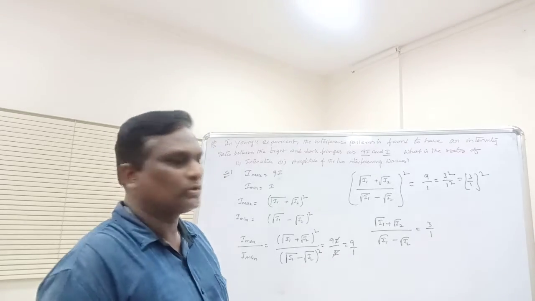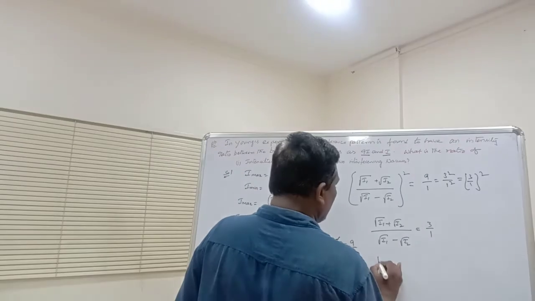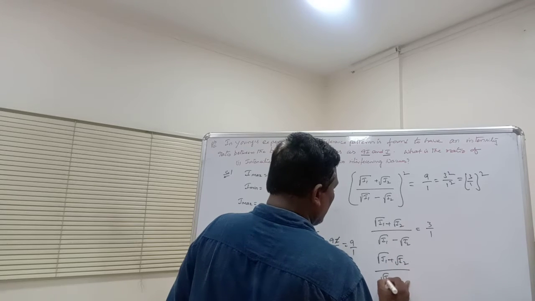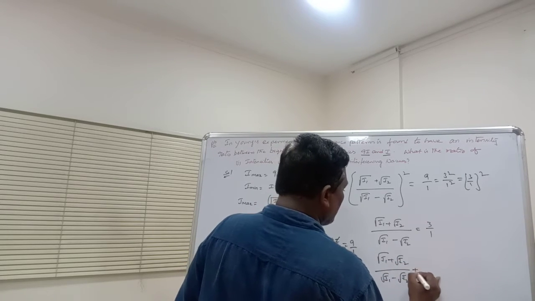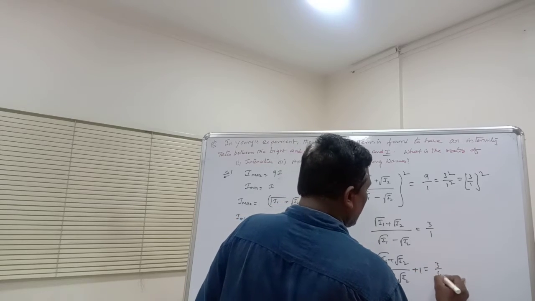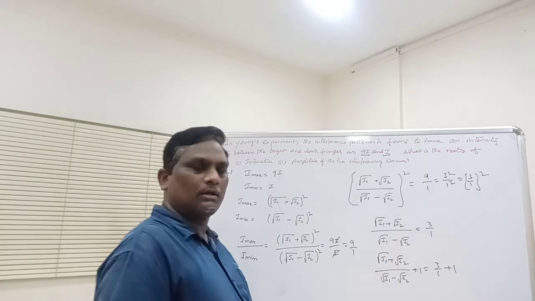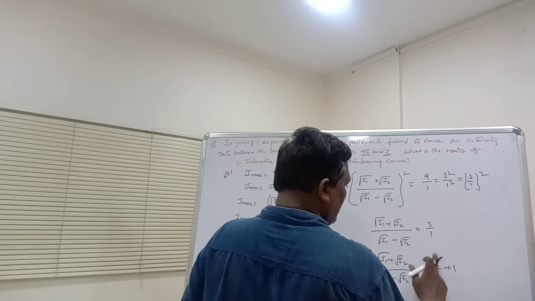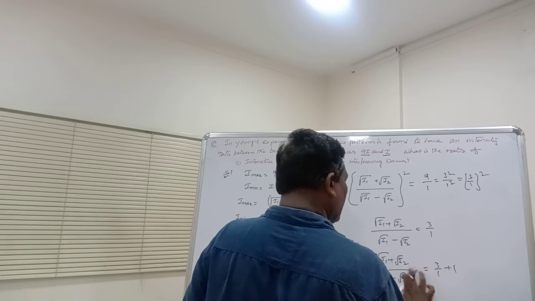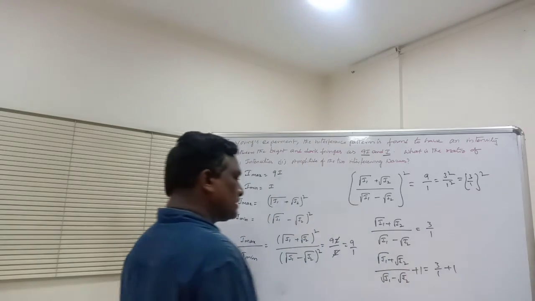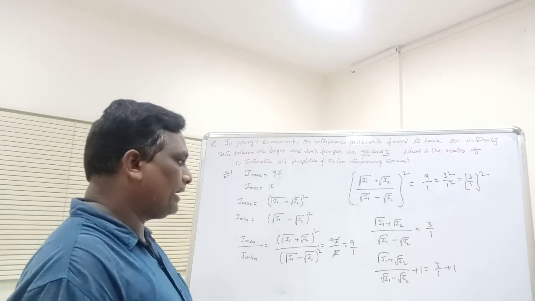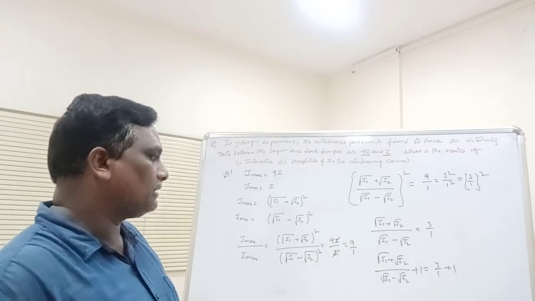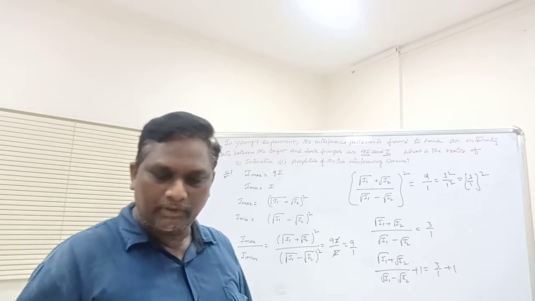Add plus 1 on both sides. That is root I1 plus root I2 by root I1 minus root I2 plus 1, equal to 3 by 1 plus 1. Or you can take minus 1 as well, no problem. So if you take like this, then 2 root I1 divided by 2 root I2 we will get.